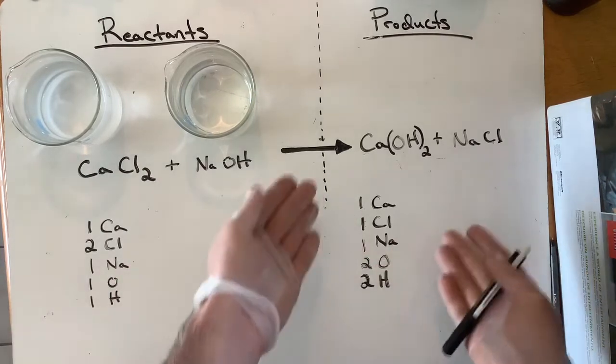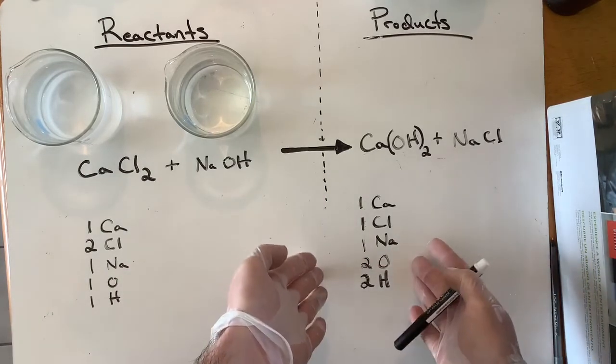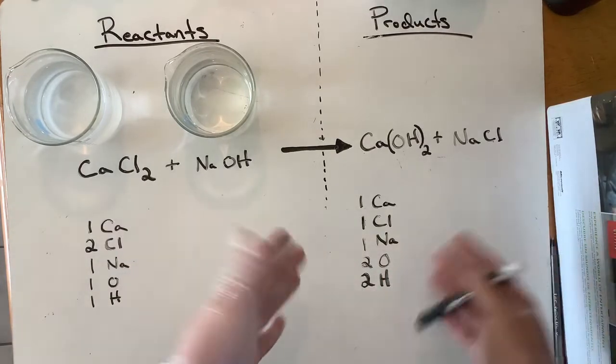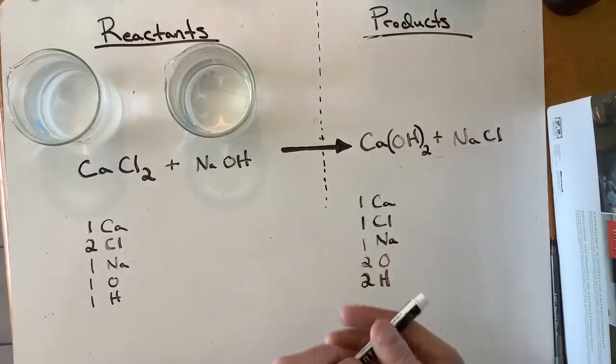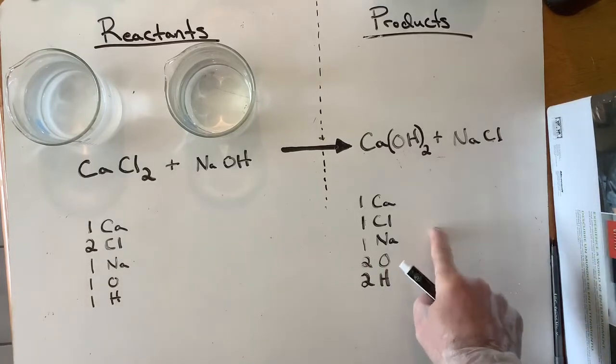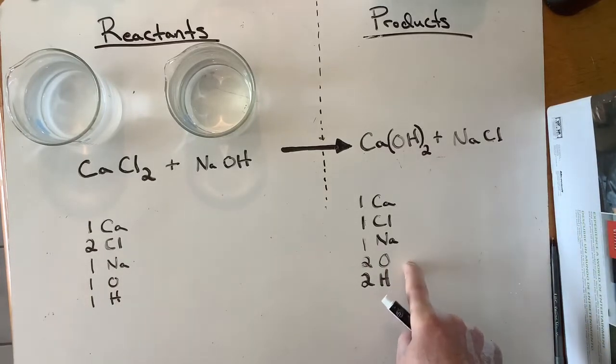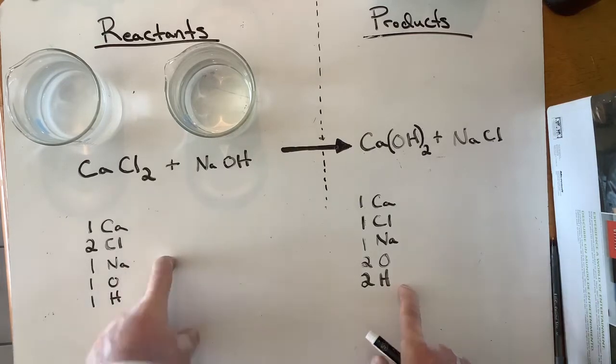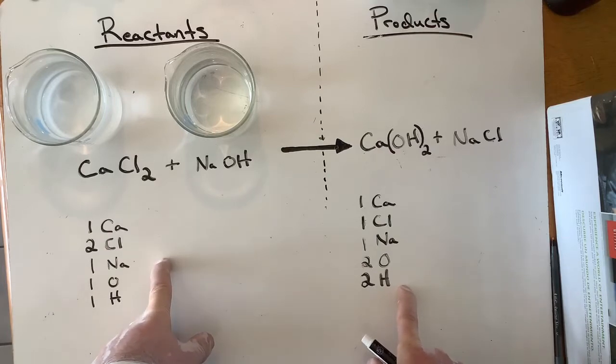Did we just pull some extra oxygen atoms and some extra hydrogen atoms out of thin air? No, we can't do that. That means if I've got two oxygen and two hydrogen atoms over here in my products, I must have had two oxygen atoms and two hydrogen atoms over here in my reactants.